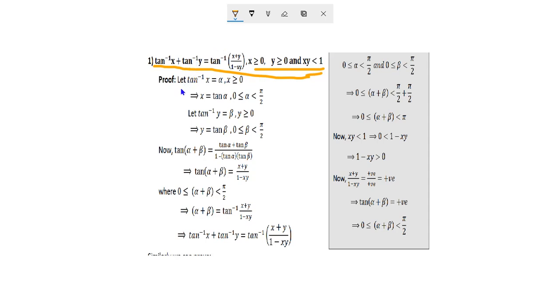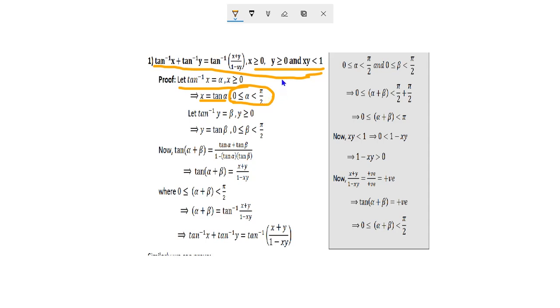See here, the method is, let alpha be equal to tan inverse x. You take tan inverse x equal to alpha, and by definition you will have tan alpha is equal to x. Here x is greater than 0 is given, and you can write x equal to tan alpha, and definitely here as x is greater than 0, alpha lies between 0 to pi by 2, because you know the domain and the range of the function tan inverse x.